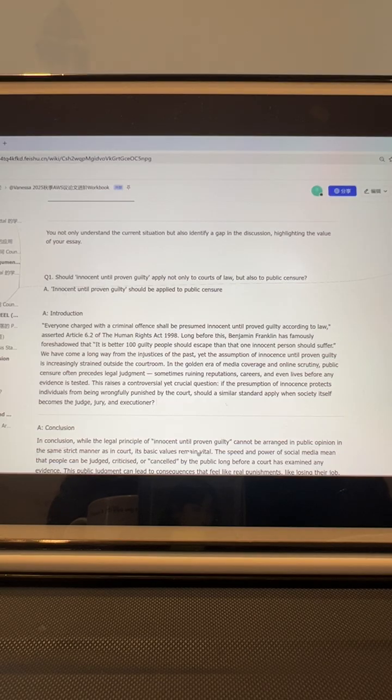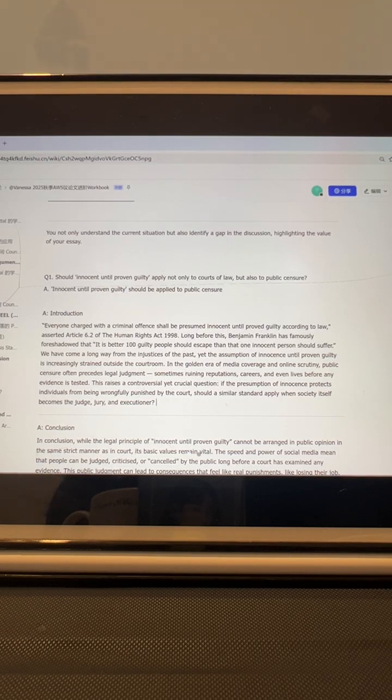I used a quote from the Human Rights Act to give the readers a sense of what's going to happen next, because I chose a topic from the law category, so I felt it was important to use at least one law sentence in the introduction.